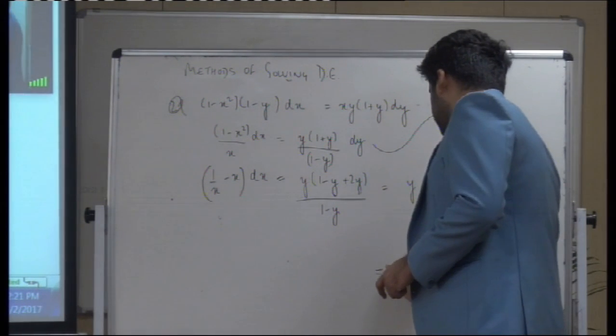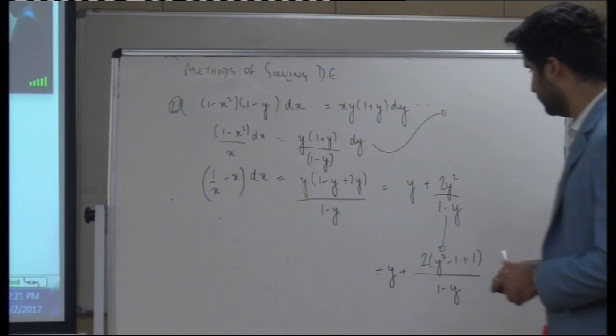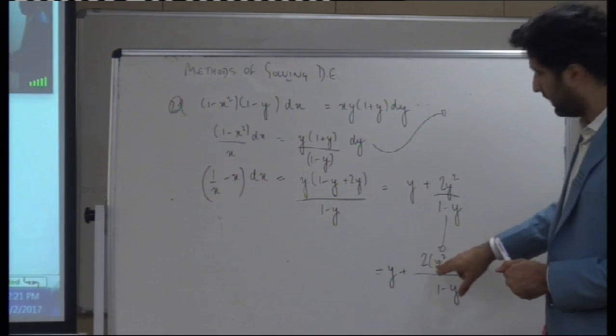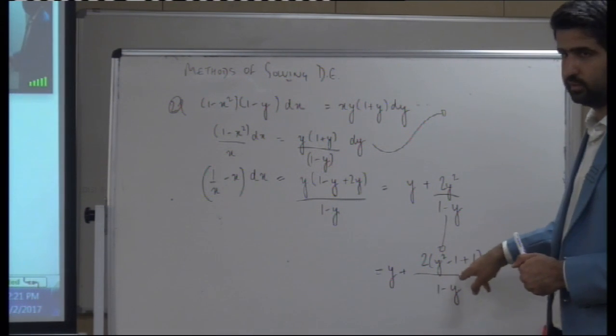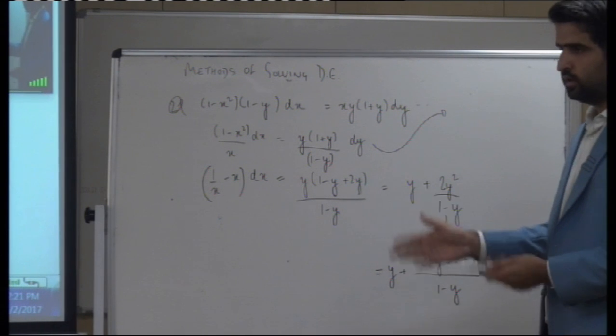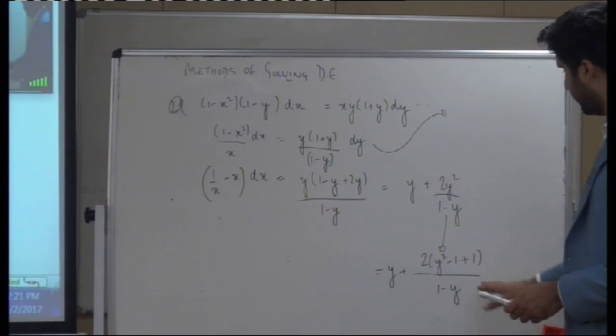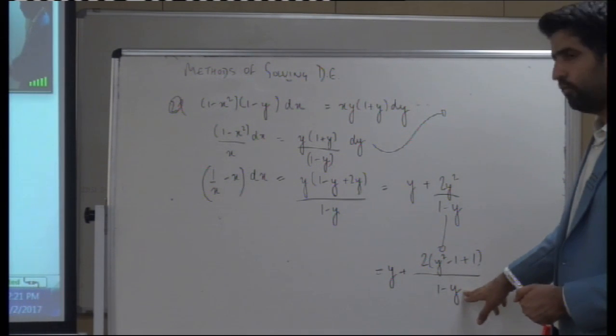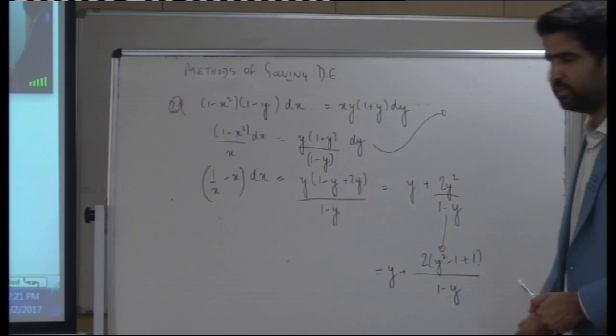So next step will be, now see, why did I do it like this? Because if we introduce y square minus 1, I will get two factors, y minus 1 and y plus 1. One factor will cancel out. Y minus 1 and 1 minus y with a negative sign common, we can cancel these out. And then we'll get a separate term which is 1 upon 1 minus y. And that will make things very easy.